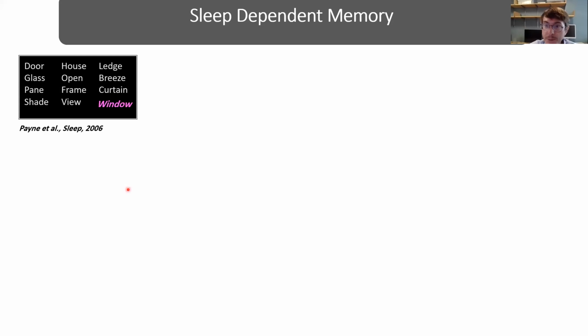So you have a list of words, and people end up remembering a word that's not on this list that's associated with the words on the list. So window was never presented here in pink, but people say that they were shown window after they're shown things like door, glass, pane, shade, etc. And this improves with sleep.